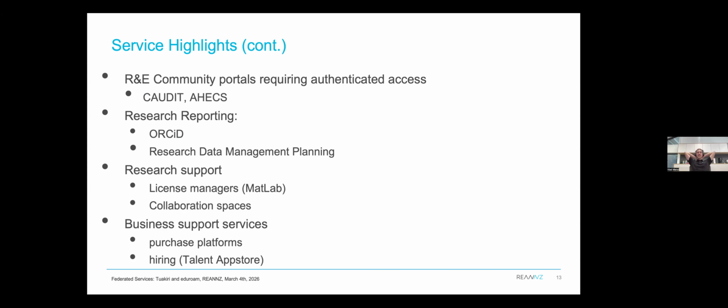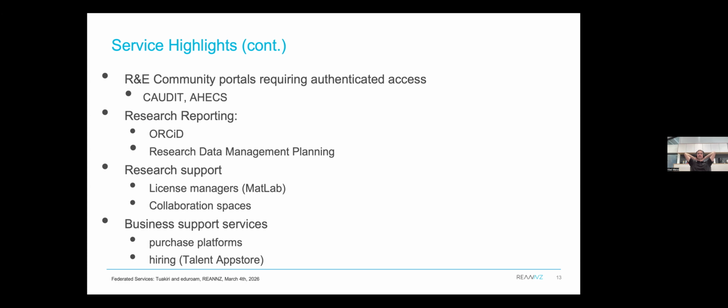Further services in Tuakiri are various research and education community portals, the CODeX websites for research reporting, and ORCID, the researcher ID service that collects information on publications, which can accept a Tuakiri login through eduGAIN.